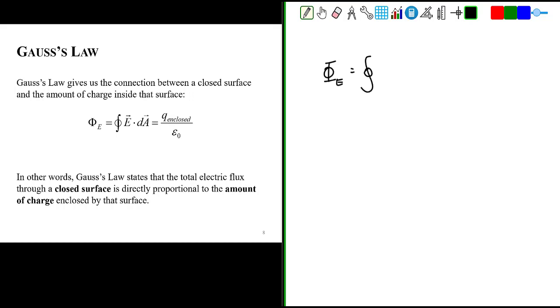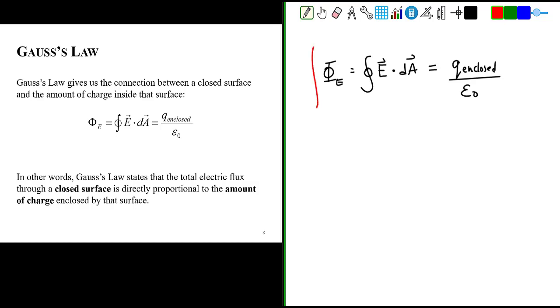That circle through this surface integral means we have a closed surface that encloses a volume of space. The surface is a boundary between a volume outside the surface and a volume inside the surface. And Gauss's law says that the total electric flux through a closed surface is equal to the amount of charge enclosed by that surface over epsilon naught.